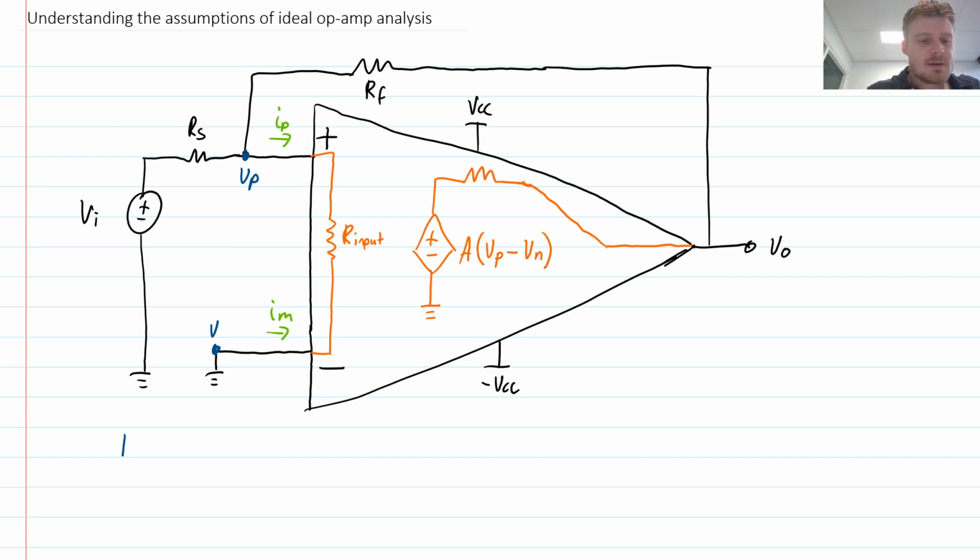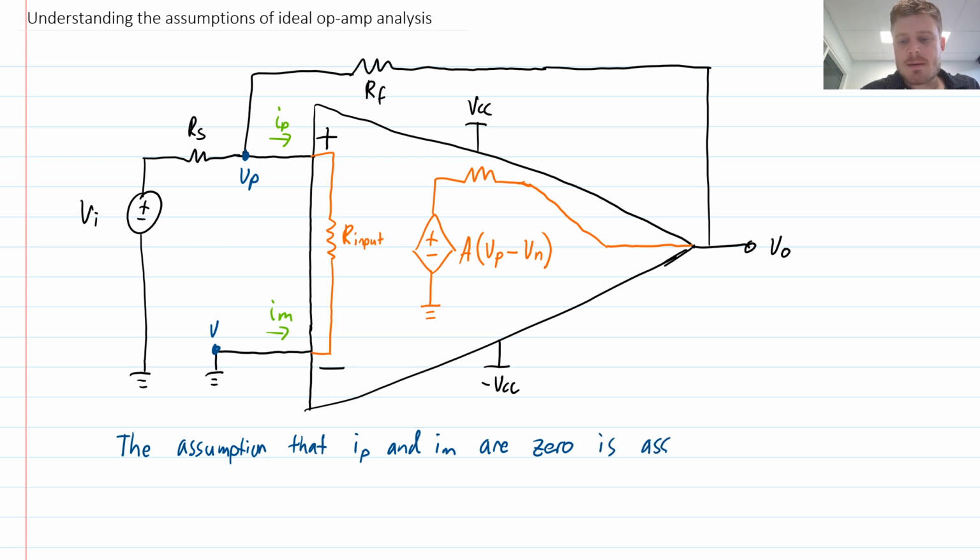So when we make the assumption that IP and IM are 0, we are assuming that the input resistance is very large.